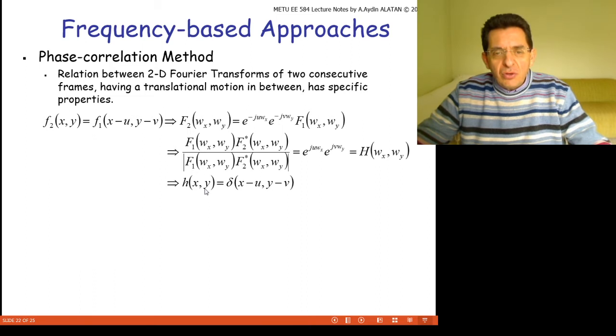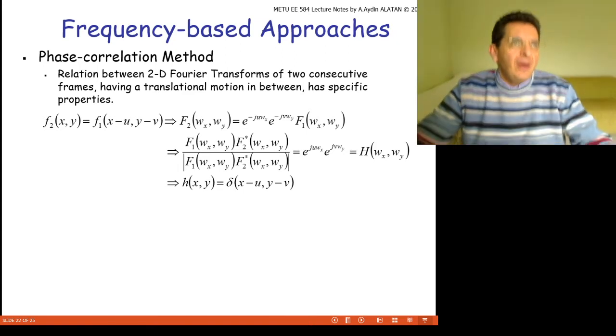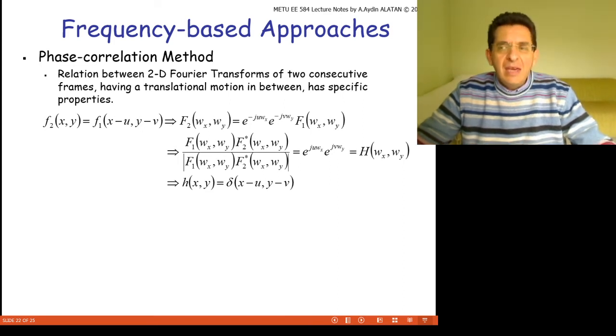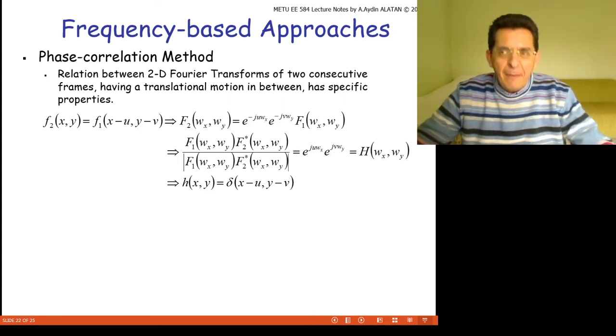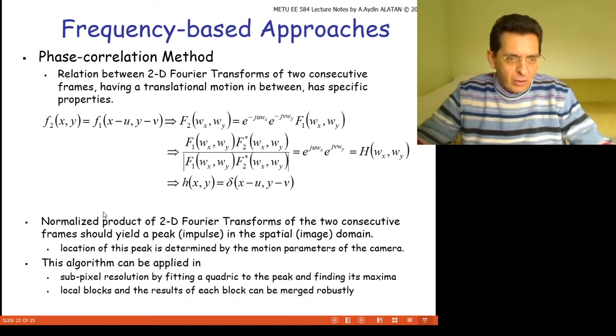And if you do so, we will obtain the position of the unknown u and v translating components. Just taking 2D DFTs, multiplying, getting the phase and inverse DFT gives us an ideal impulse, where the impulse position in the XY domain is the translating components that we are looking for.